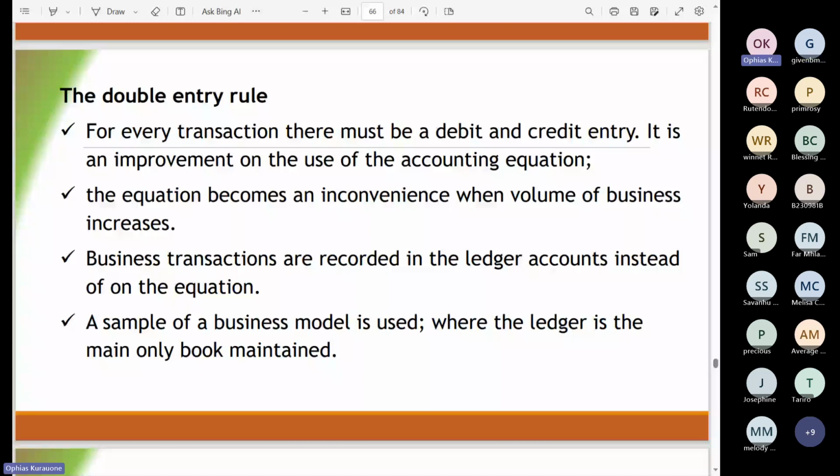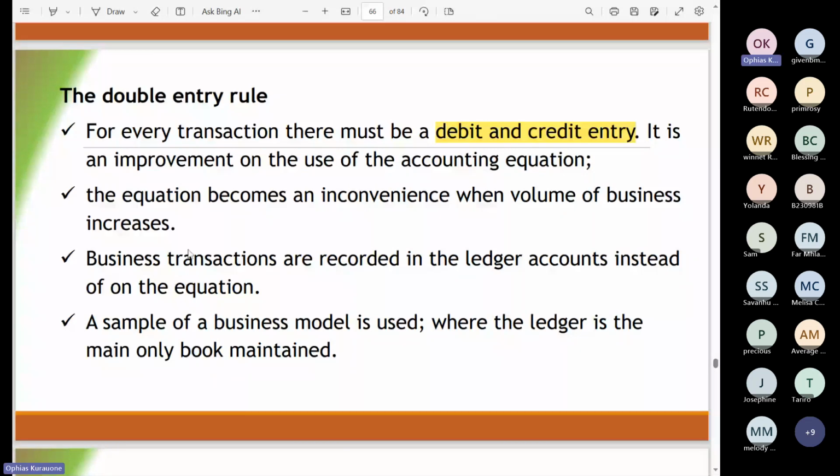We are saying for every transaction there must be a debit and a credit entry, which means that somebody receives and somebody gives. It is an improvement on the accounting equation, so it is very important to know that you're supposed to have the two entries. The equation becomes an inconvenience when the volume of business increases.